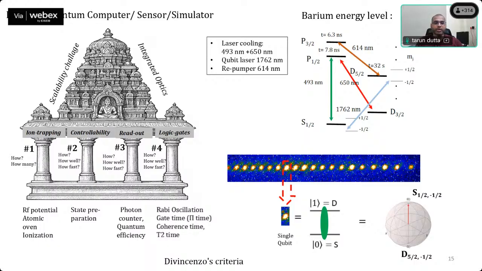Either you can have your atom in the 0 state or in the 1 state, but the third state is the superposition state. The atom can be 50% of the time in the 0 state, and also 50% of the time in the 1 state. That state you can also prepare, because that is based on quantum physics. So that is why.